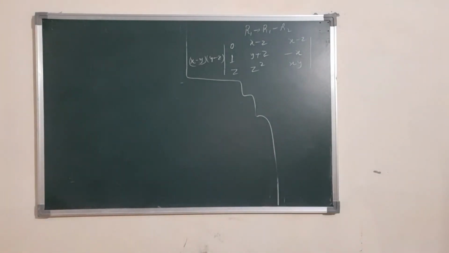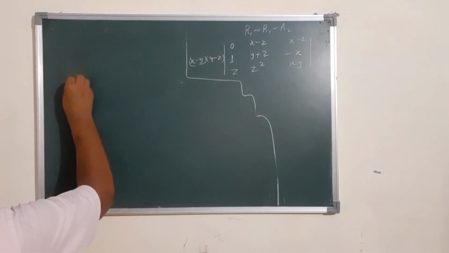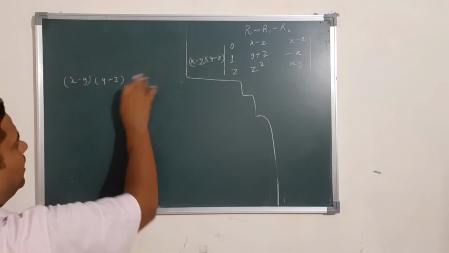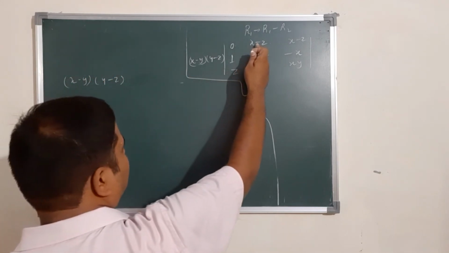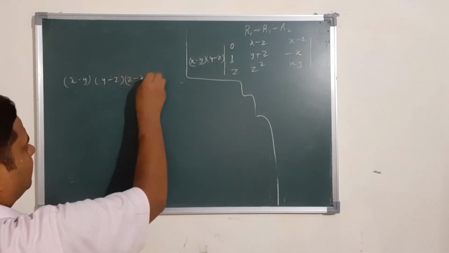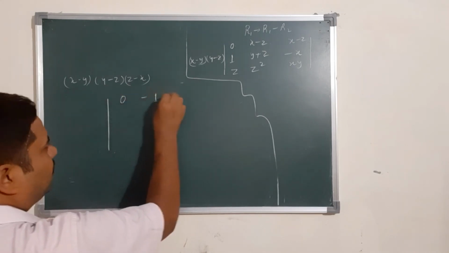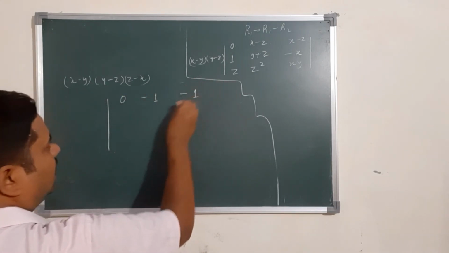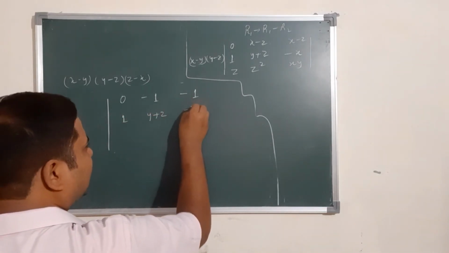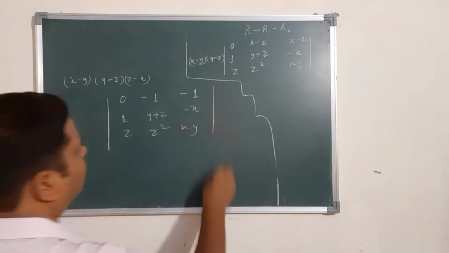Before that, first we see this x minus y, y minus z, and if we take common z minus x, then in the determinant 0, minus 1, minus 1, 1, y plus z, minus x, z, z square, xy.